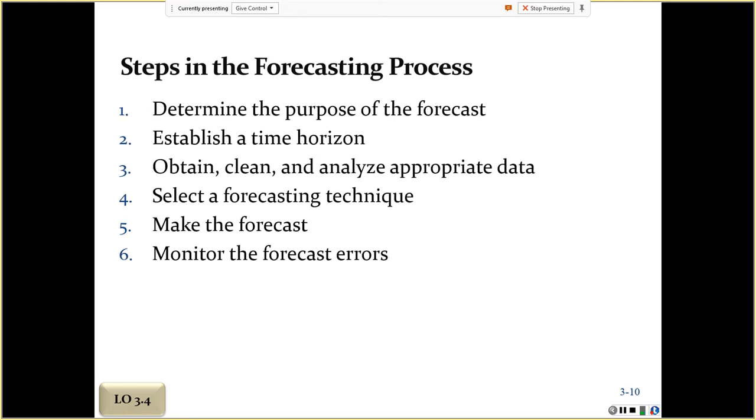You want to monitor for forecast errors to determine if it's performing satisfactorily. If it isn't, then you're going to need to re-examine the method you're using, or you want to know whether the data is valid. So if it's coming up with a lot of errors, then you need to use another method to forecast, if that's beneficial to you and your company.